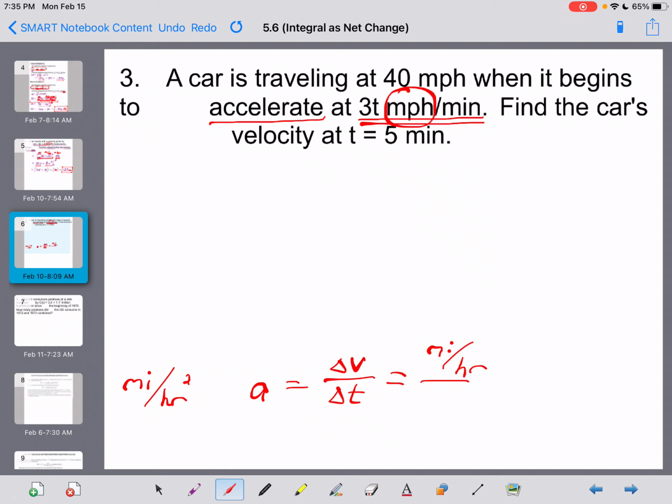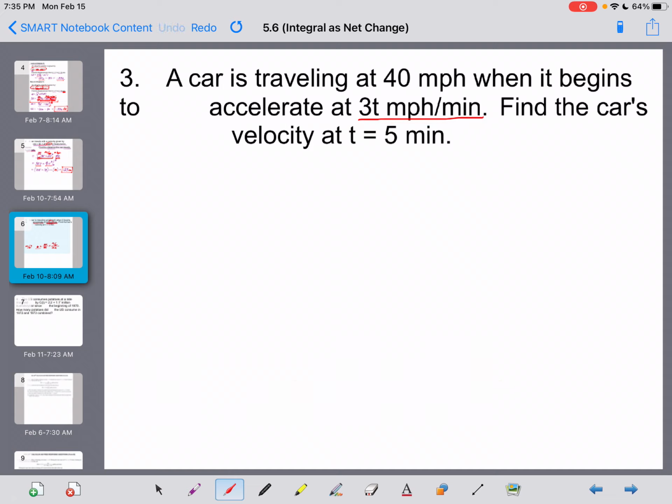And change in time can be measured in any units of time. Could be seconds, could be hours, days, weeks, months, years, or in this case, minutes. So as weird as it seems, you guys, miles per hour per minute is a velocity unit divided by a time unit. Yeah, that's a valid unit for acceleration. Just a little weird, but you got to think about things a little bit differently as we get into this section.